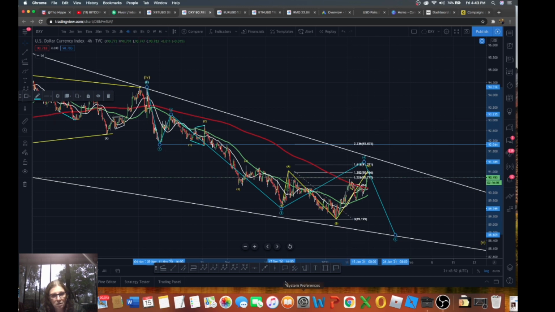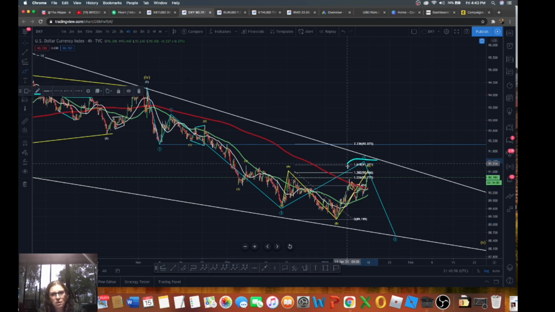If we break this 1.618 right here, we come out of this wedge, then I will lean towards this is over.